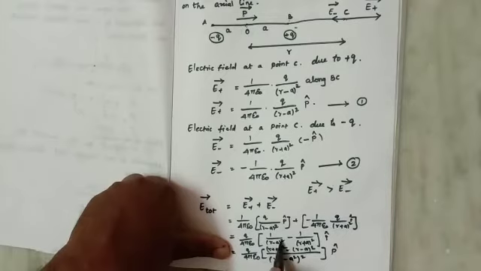It is in the form of (A minus B) whole square into (A plus B) whole square, which is equal to (A square minus B square) whole square.